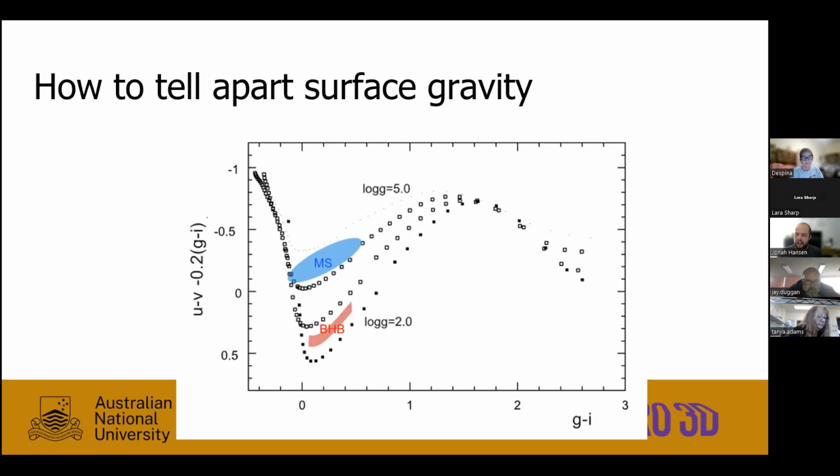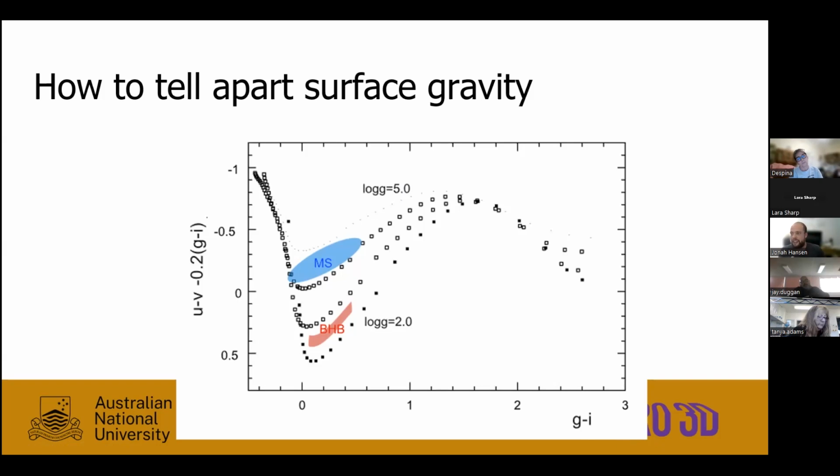So on this plot, what I've got is from the SkyMapper filters. If you take the green filter minus one of the infrared ones and plot that against this combination of different filters, what you can see is that stars of a higher surface gravity tend to be higher up on this plot, and stars that are lower surface gravity are lower. So if you can measure where your star is on this plot, you can work out roughly what its surface gravity is.